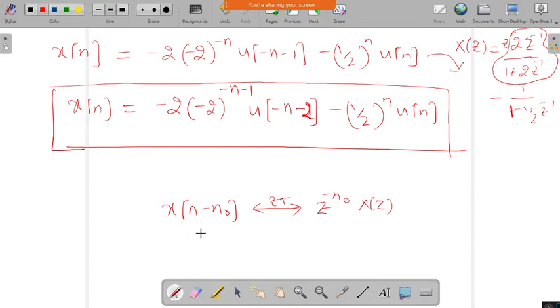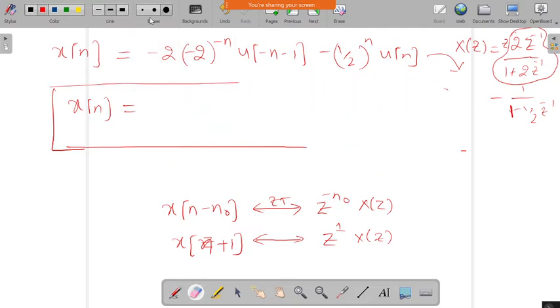So now here it is z power 1 into x of z. Let us treat this as x of z. If you come to the reverse, you are going to get x of n plus 1. So wherever n is there, you need to replace it with n plus 1. That we need to do.